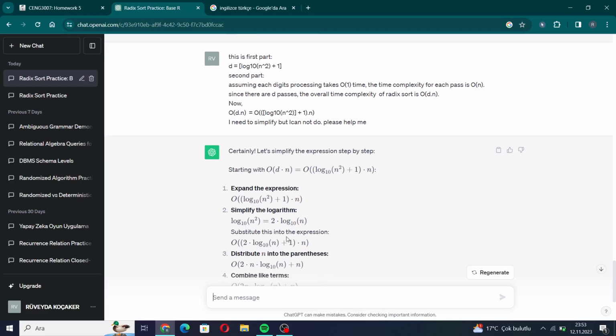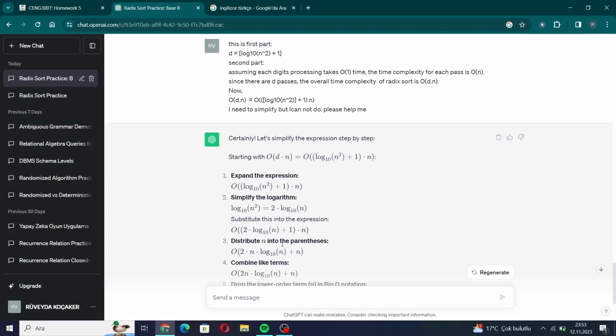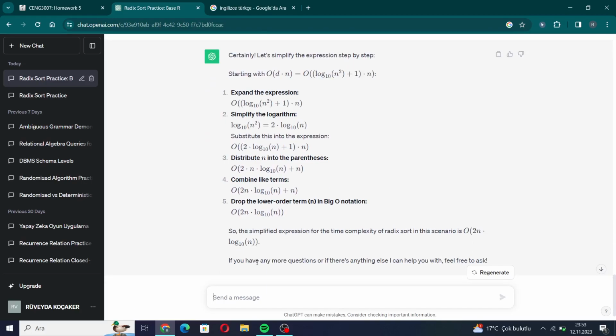O(n) and combine log n plus 2 log n into 3 log n, and drop the constant. O(n log n).